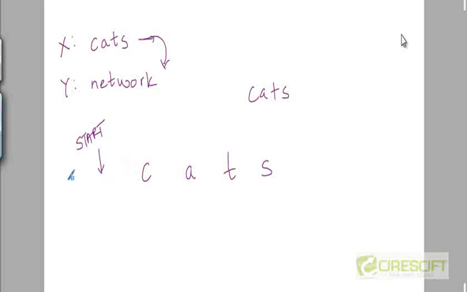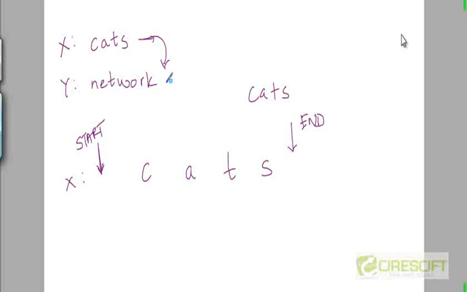We are initially starting with the string x, and we are going to massage the string in some way through a sequence of operations, so that at the end of it, after we've reached over here, we are going to have y instead of x. We are starting from the left end, doing something to x, and finally, character by character from left to right, by the time we reach the end at the right, this won't be cats anymore, this is going to be network.